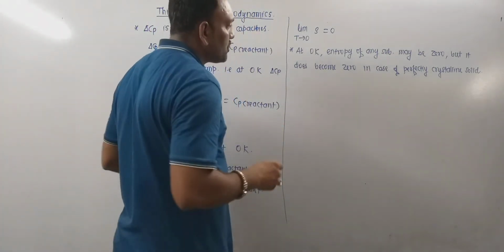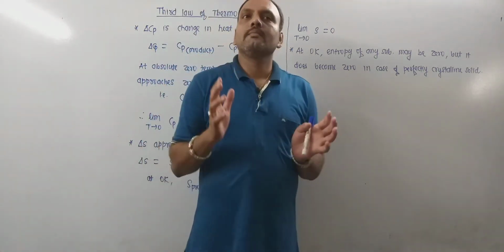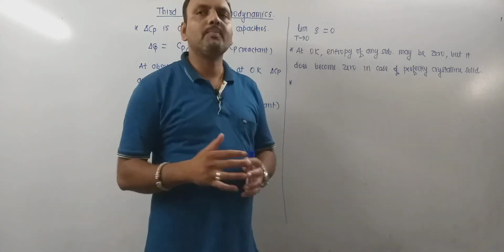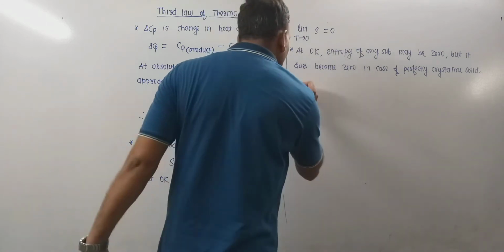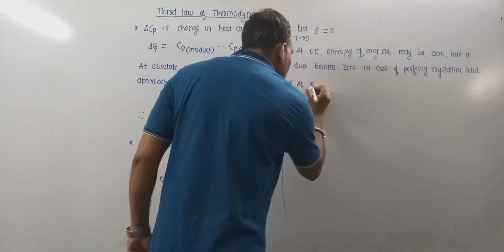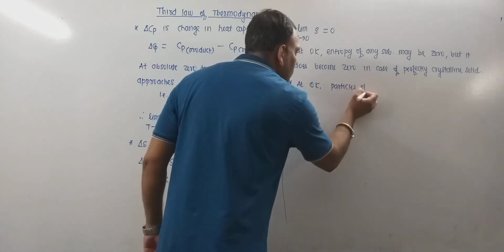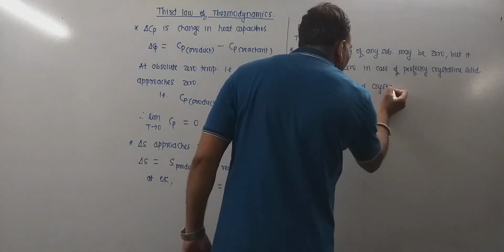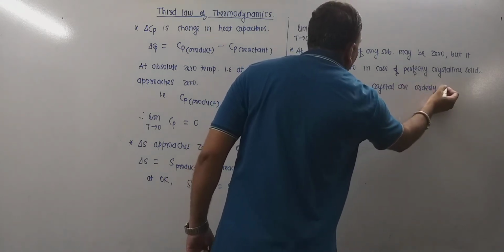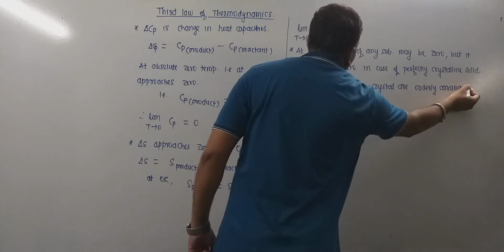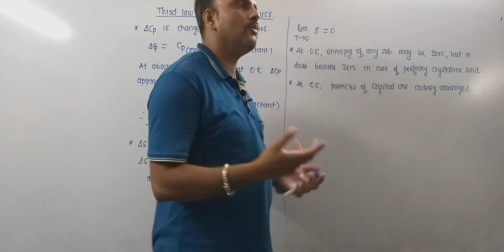So what does it indicate? Remember, at absolute zero, a crystal means the particles of the crystal are perfectly and orderly arranged. Very first thing to be noted. So at 0 Kelvin, the particles of the crystal are orderly arranged, and that crystal is in a state of low energy content.